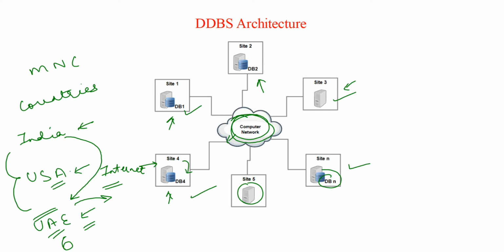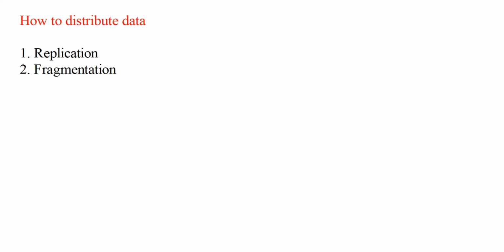So this is how DDBMS works and this is the basic architecture. Next, how do we distribute the data? We have been talking about distributed database management systems, so we have to distribute data, or databases, or tables, or the rows and columns, which will be covered in fragmentation. We have two approaches: one is replication and another is fragmentation.